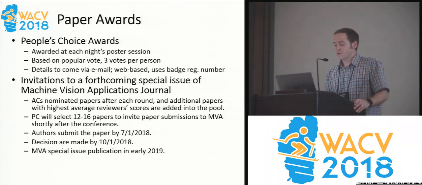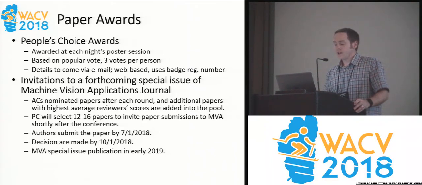Authors of those papers should expect to receive an invitation shortly after the conference, and will be encouraged to submit by July 1st in order to have decisions by October 1st, and the special issue published in early 2019.